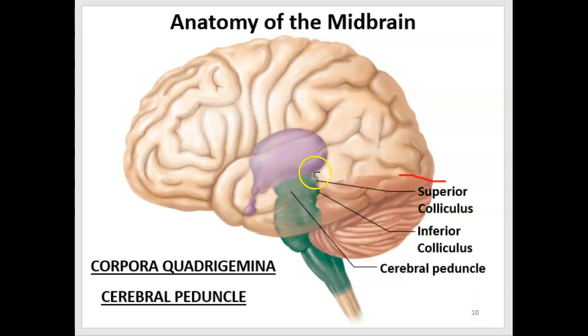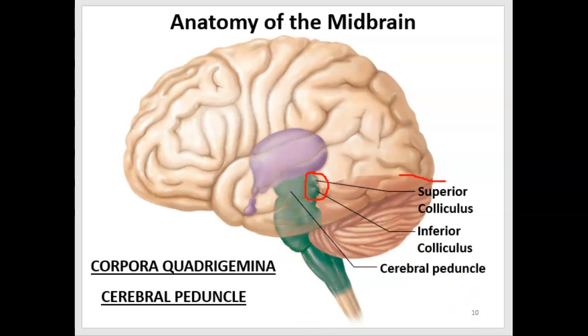The corpora quadrigemina, shown right here, these two bumps, because we're only seeing two, there's actually four, includes two superior colliculi and two inferior colliculi.